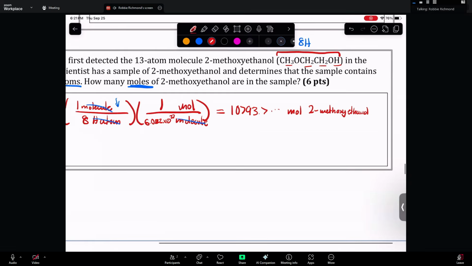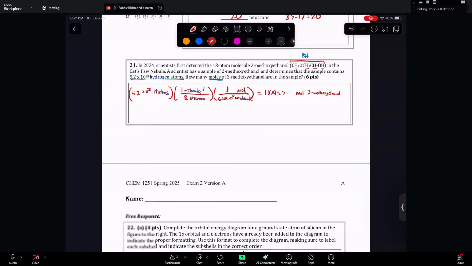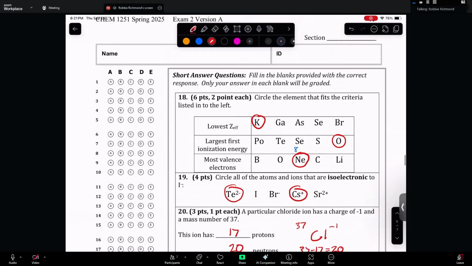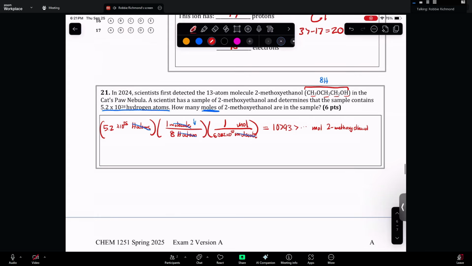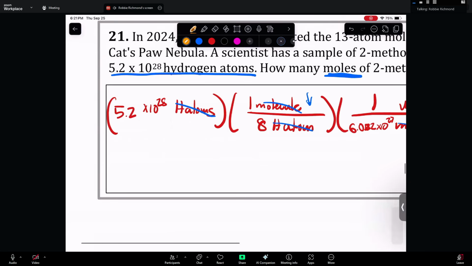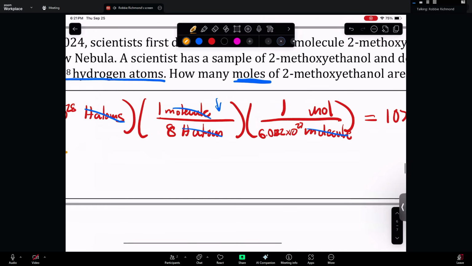Cool. We're not done yet. Remember, we have to round everything for sig figs. So let's break that down. 5.2 times 10 to the 28th H atoms, that is measured 2 sig figs. Now this, 8 H atoms for 1 molecule of 2-methoxyethanol, that is going to be infinite sig figs.